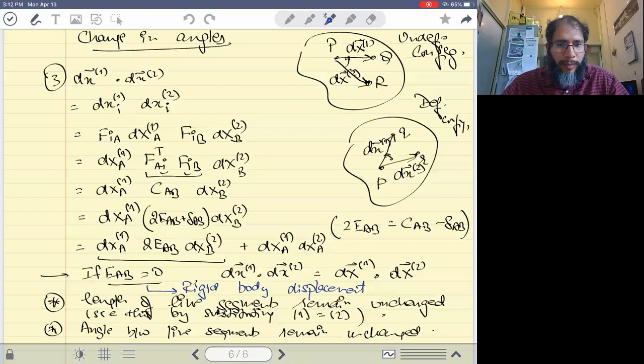EAB being 0, the body has simply a rigid body displacement. Okay, so EAB is interesting to us because in this course, what we're interested in is the deformation and not rigid body displacement. So EAB, as we'll see later, will contain, so we will analyze this EAB or some form of strain tensor in more detail later. So what we have seen is that EAB contains information about motion, which is something other than rigid body displacement. So that is deformation, and that is what is interesting to us.